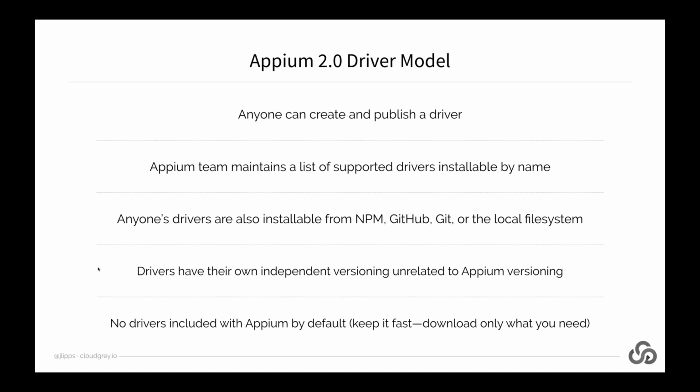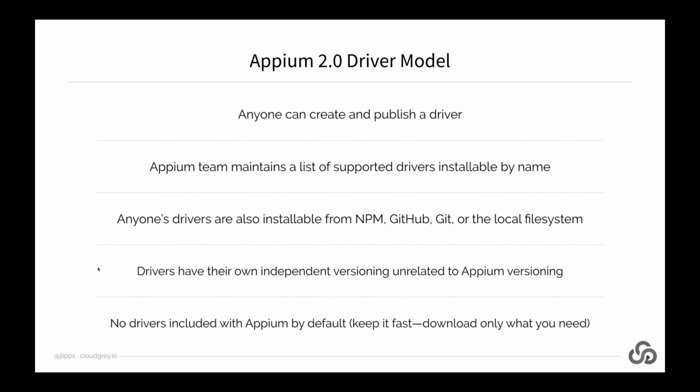Also, as I said earlier, drivers will have their own independent versioning unrelated to Appium versioning. So the main drivers right now are versioned separately. So XCUITest driver has its own version and UI Automator 2 driver has its own version. But when we release a new version of Appium, one particular version of each of those drivers is bundled in, and that's what you get when you install Appium.